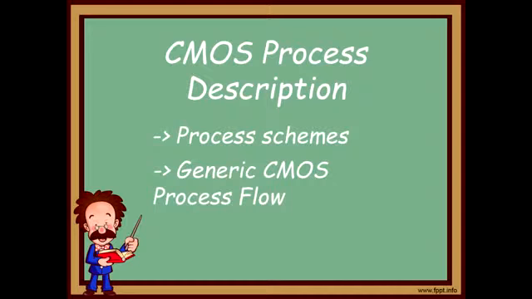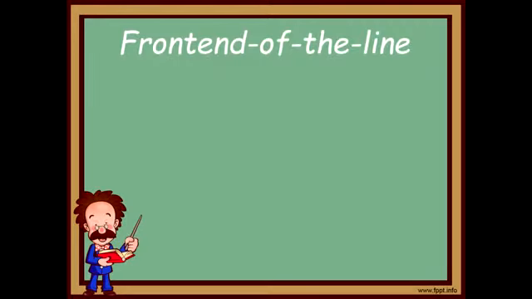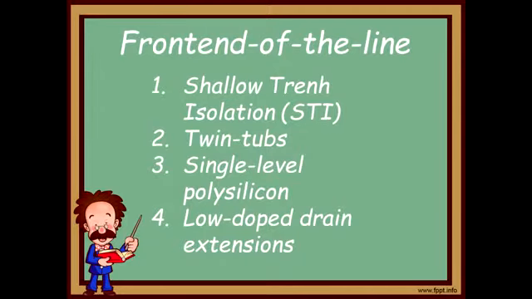So our CMOS technology will have the following features. For the front end of the line processes, we just have 4 processes. The first one is the shallow trench isolation. Second is the twin tubs. Third is the single level polysilicon. And the last one is the low doped drain extensions.